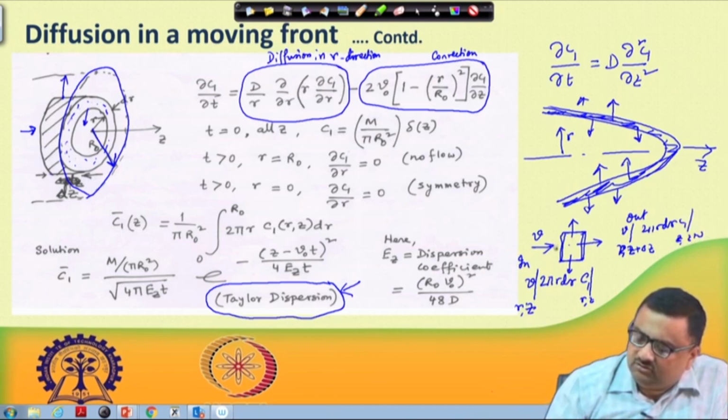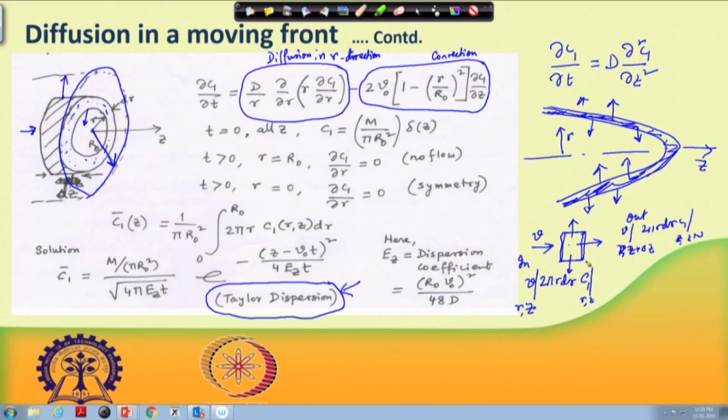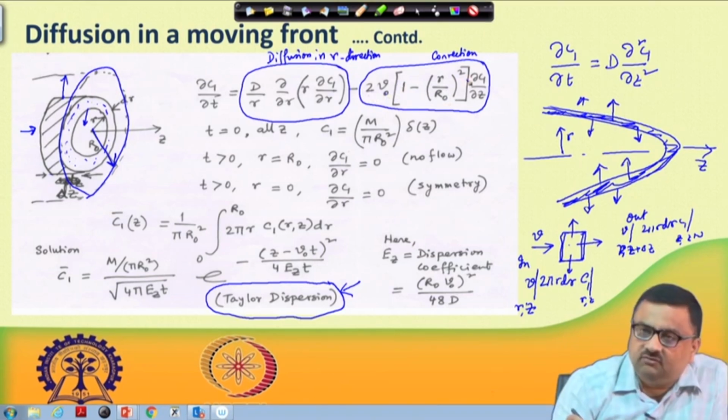So, this is out. This in minus out, one has to consider alongside this diffusion and accumulation. So, this has been considered, and the velocity is written as 2 into average velocity into 1 minus r by capital R0 whole square.